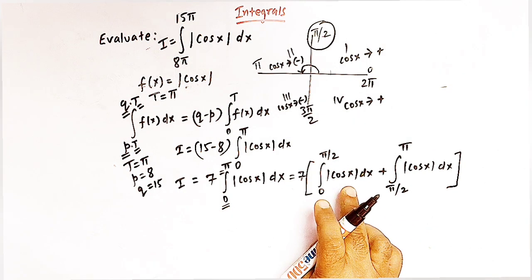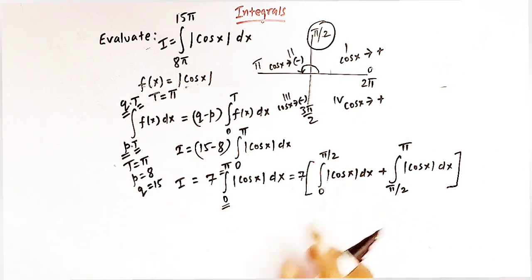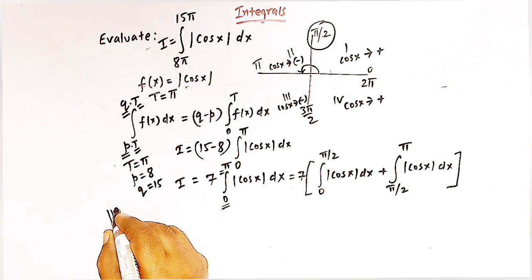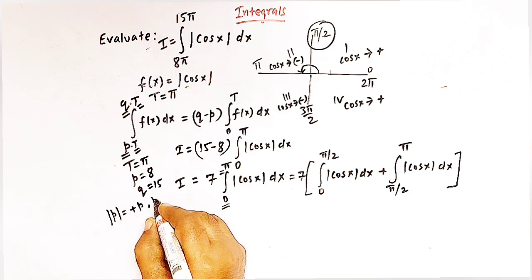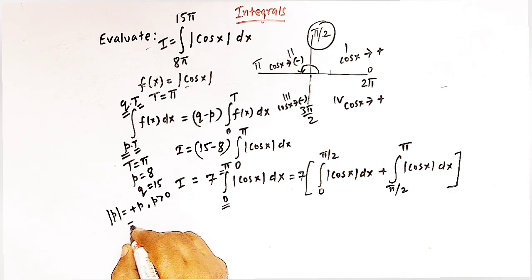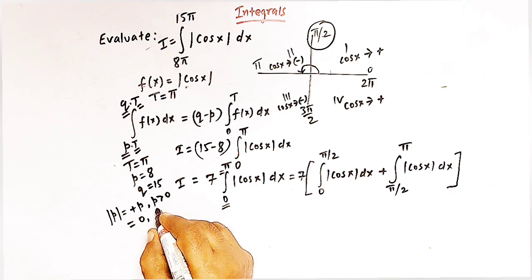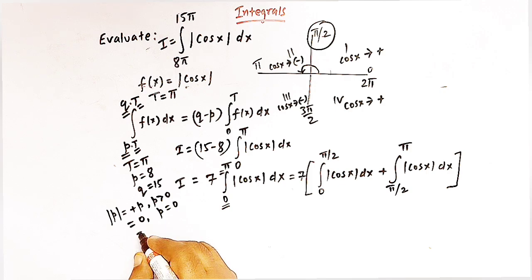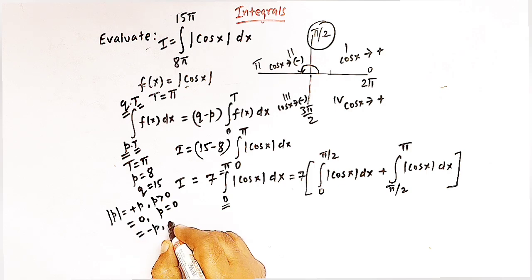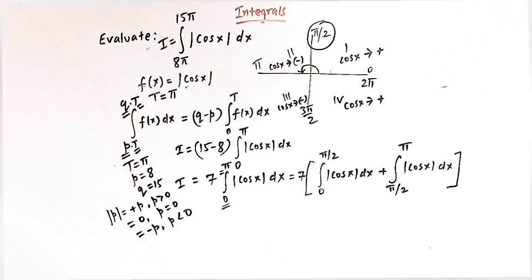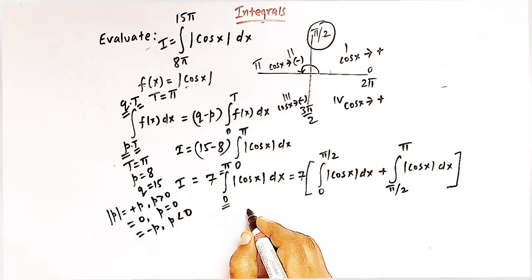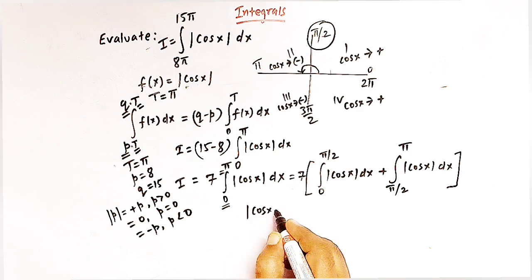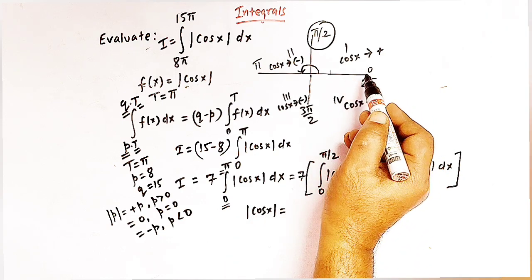Now let us make use of the definition of a mod function. Now mod of p is defined as positive p whenever p is greater than 0, and mod of p is 0 whenever p is equal to 0, and mod of p is negative p when p is less than 0, right? So now if we replace p by cos of x, then the definition of mod cos x in the interval that is 0 to pi.